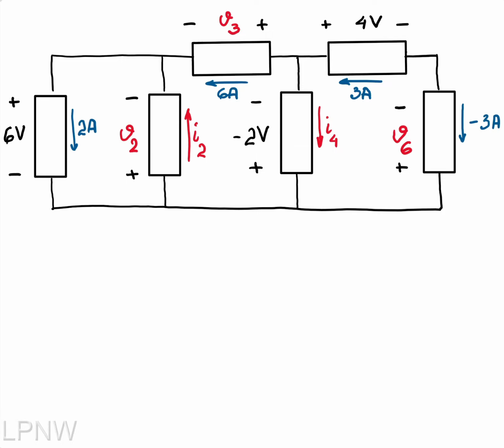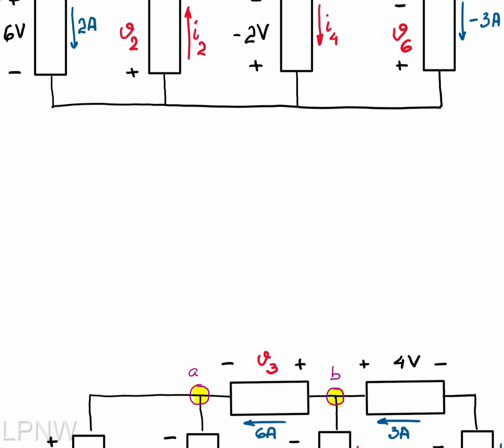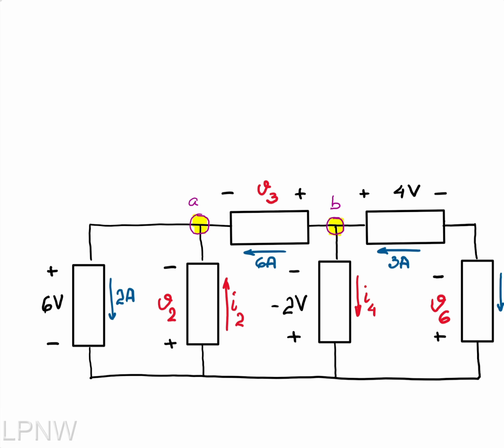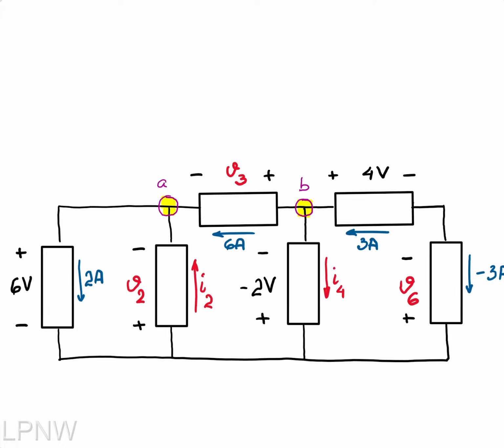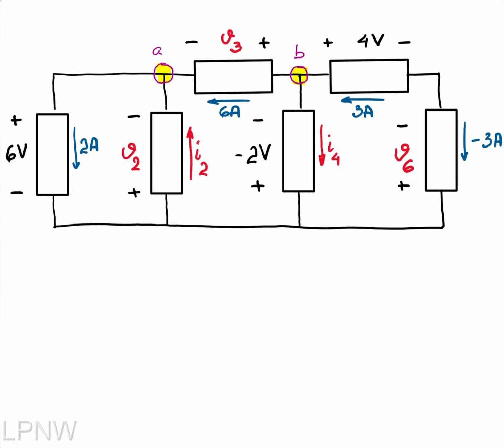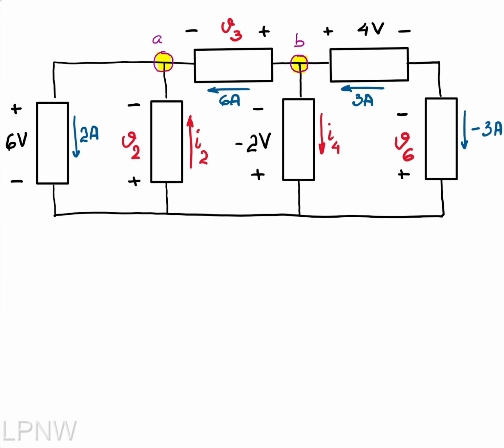Let's start with them. This requires application of the Kirchhoff current law, which forces us to pick a particular node. So I have indication in here of node A and node B, and all I'm going to do is apply Kirchhoff current law for each one of them.